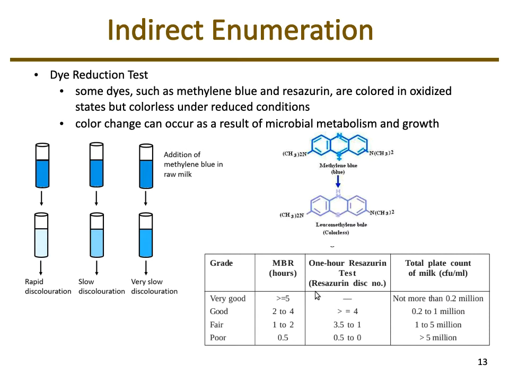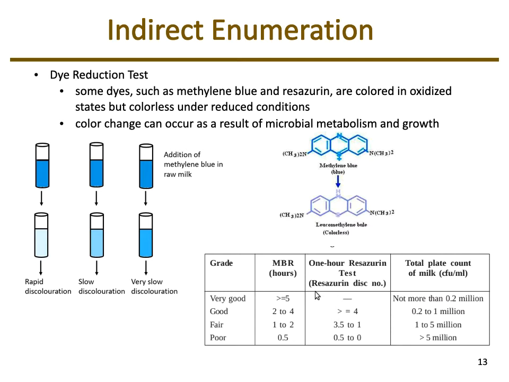So we can utilize this property, this color change, to determine whether there's microbes present, because microbes will end up reducing the dye if they're present. This test with methylene blue is routinely used in the milk industry, and what you'll do is take some of the milk sample, add methylene blue to it, and then see whether it changes color.